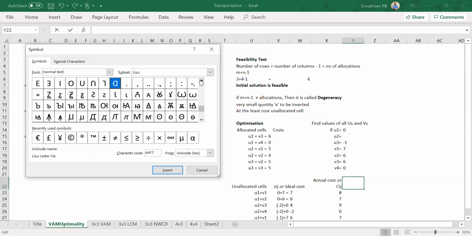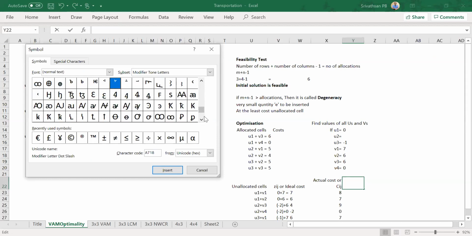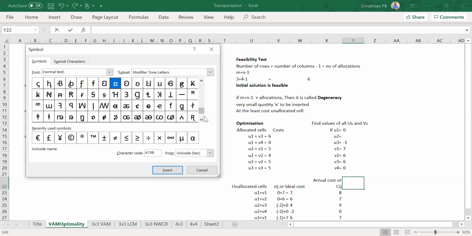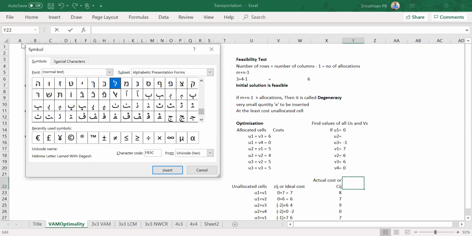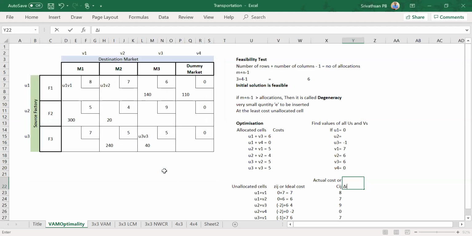I'm trying to find a simple triangle. Here it is, the Greek alphabet delta, del ij. So we have Cij, Zij, and then del ij.